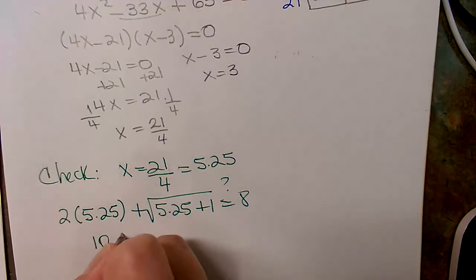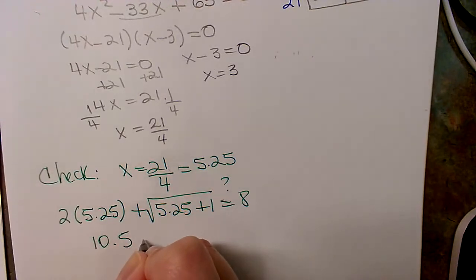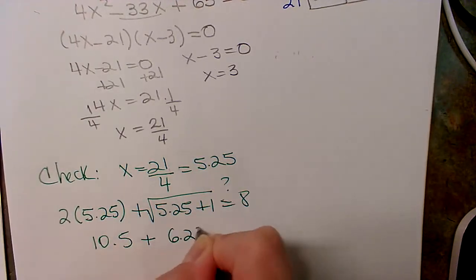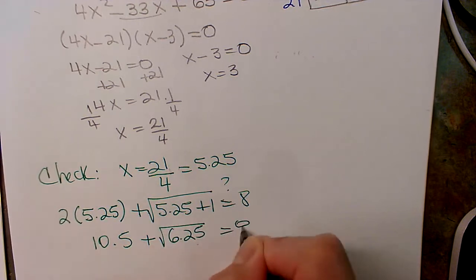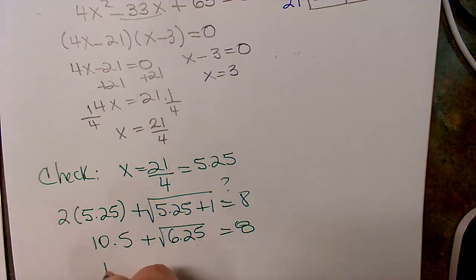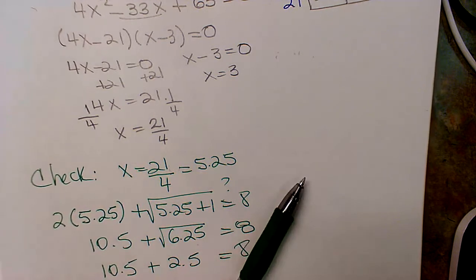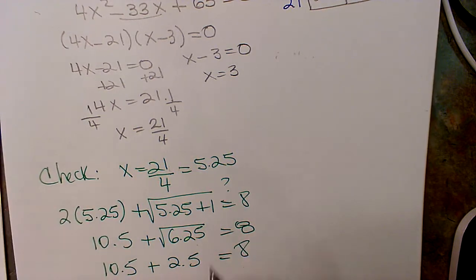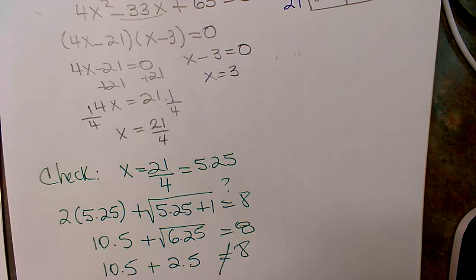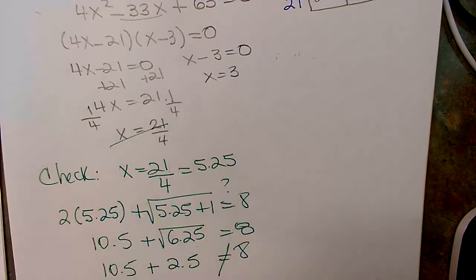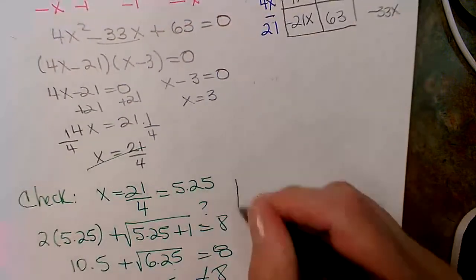This will give me 10.5. This will be 6.25 square root. The square root of 6.25 is 2.5. And adding these two numbers, sorry, that now gives me the 8. So this is not one of the answers. Let's go and check the other one.